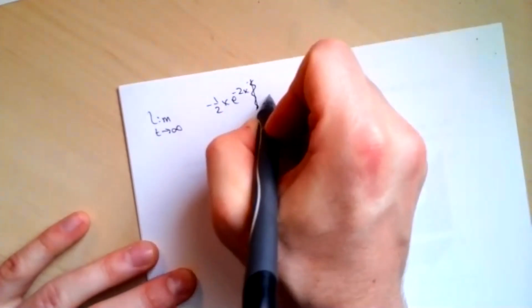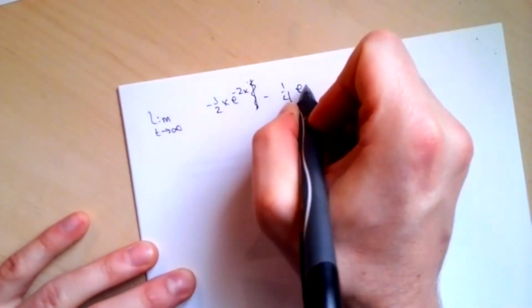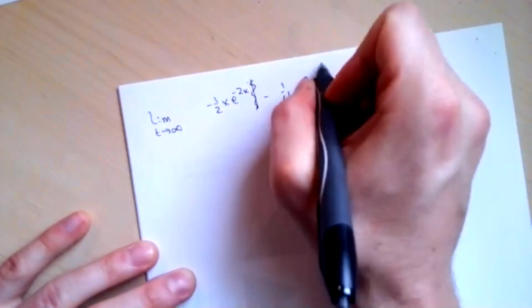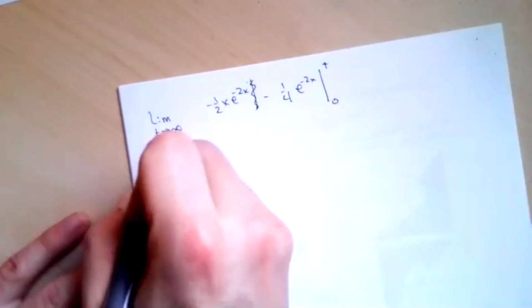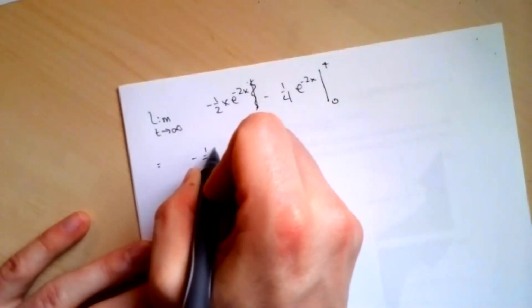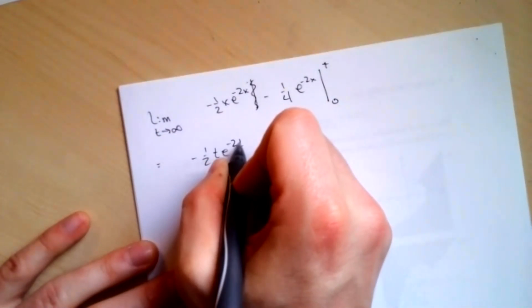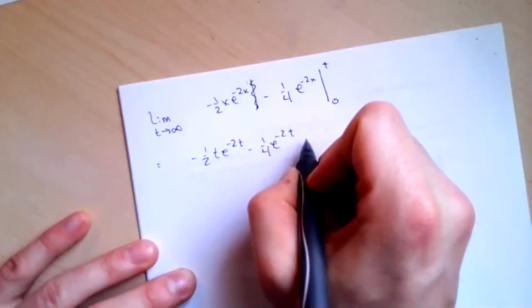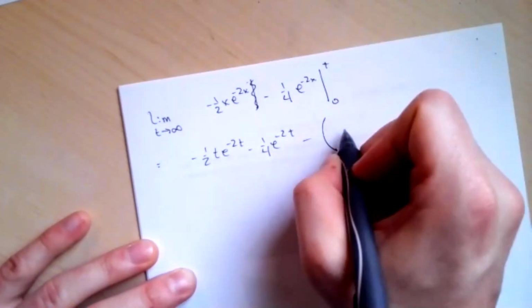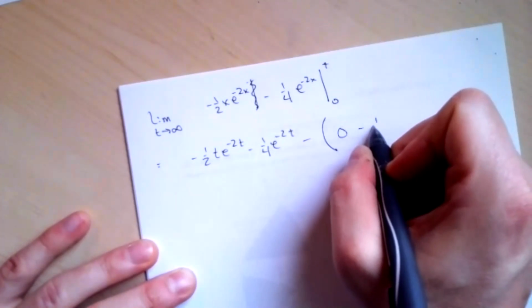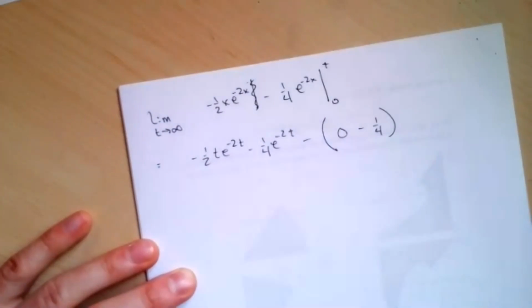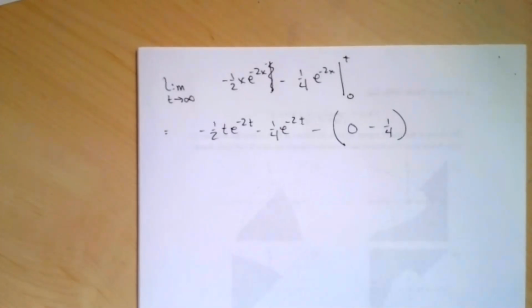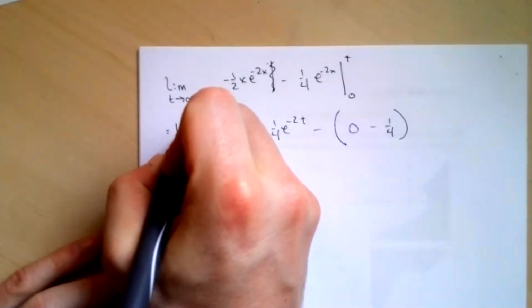Let's just do all the evaluations at the end. So evaluate your t, evaluate your 0. And now compute the limit.